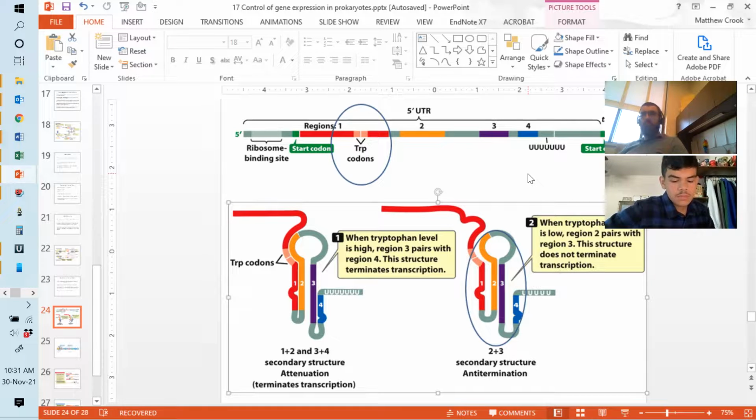So there's a little bit of cost, but there's not the expense of the whole trp operon being transcribed and translated. You see, it's not trivial. There's an awful lot going on here. And it's basically the interplay between translation and transcription, and particularly RNA structure and transcription.